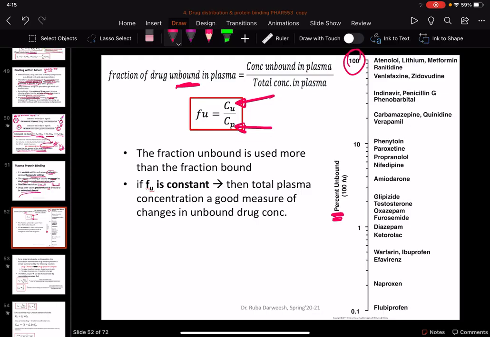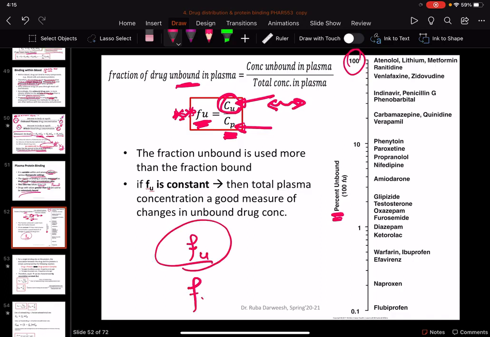If we consider the fraction unbound, or the free fraction of the drug, is constant, we can use this equation to determine the changes of this term, right? So if this is constant, which is usually the case, we can use the concentration of the drug in the plasma, the total that we usually measure, to determine whatever the difference is of this, right? And this is what usually the case. And of course, if you have the fraction unbound of the drug, you can determine the fraction bound of the drug and vice versa, for sure.